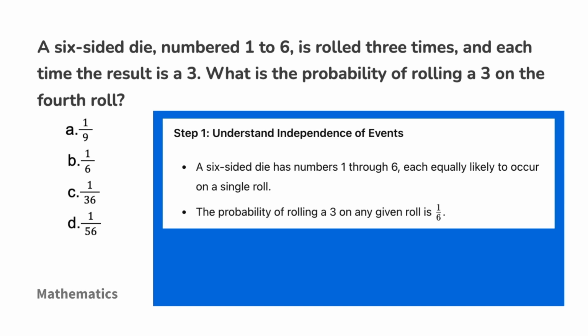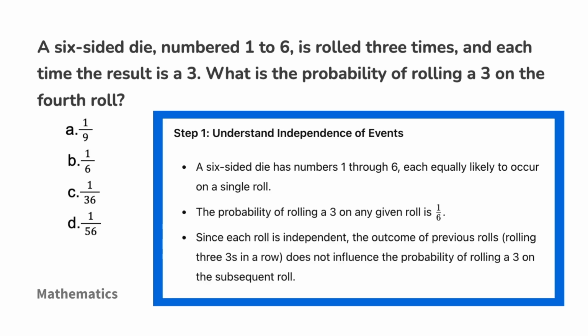You have a 1 out of 6 chance of rolling a 3 on every single roll that you make. And since each roll is independent, the outcome of previous rolls, for example, rolling 3 3s in a row in the past, does not influence the probability of rolling a 3 on the subsequent roll.